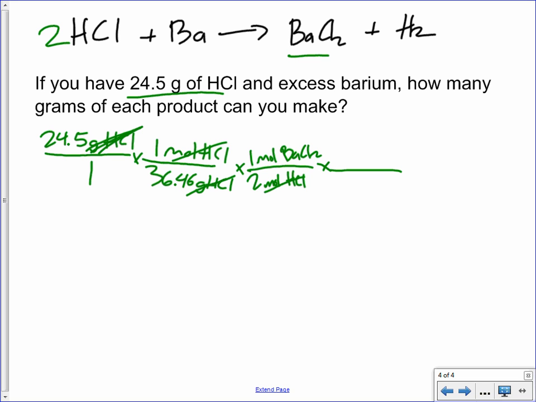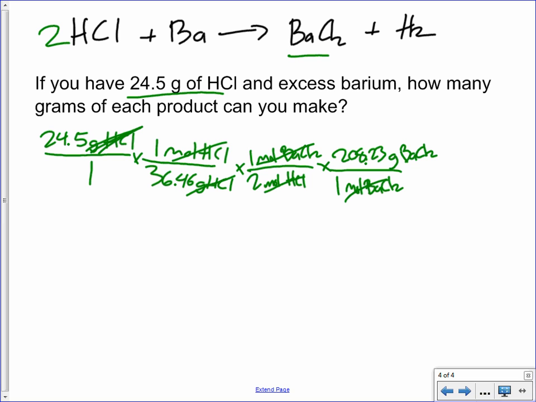Okay, it is in 1 mole of barium chloride, you have 208.23 grams.